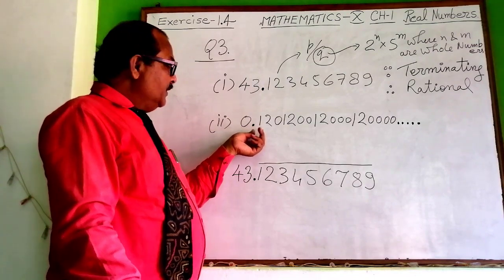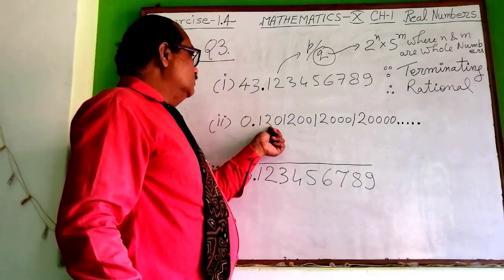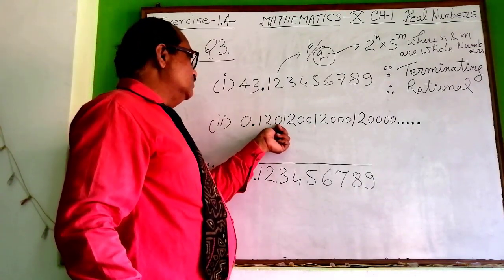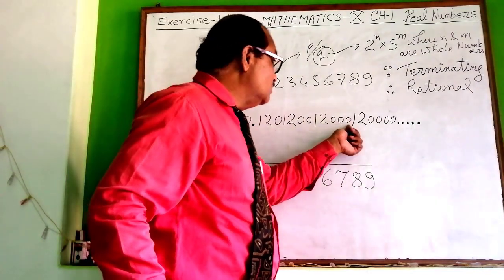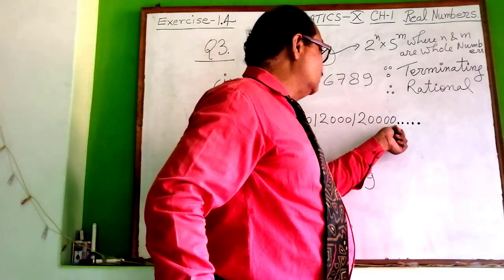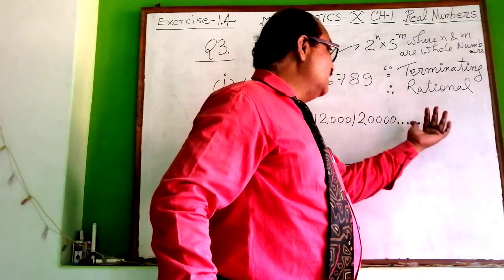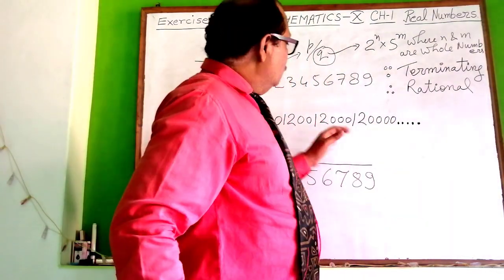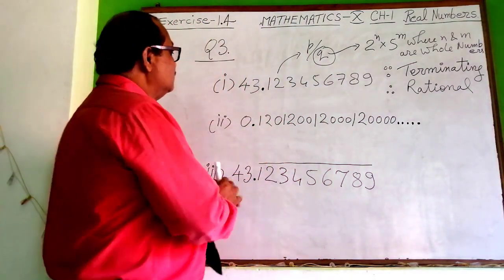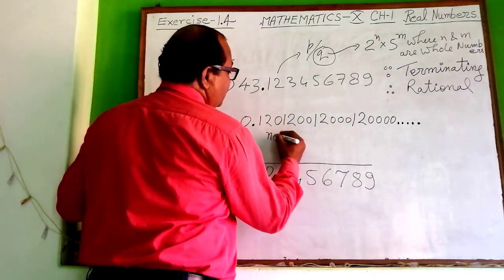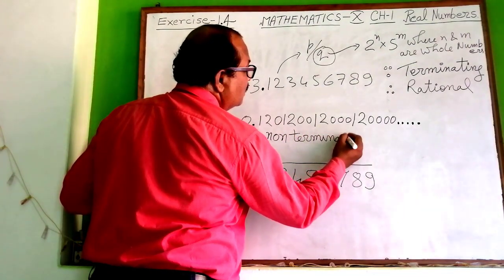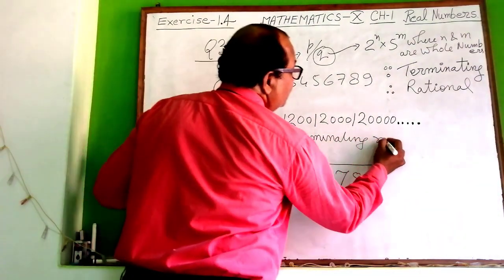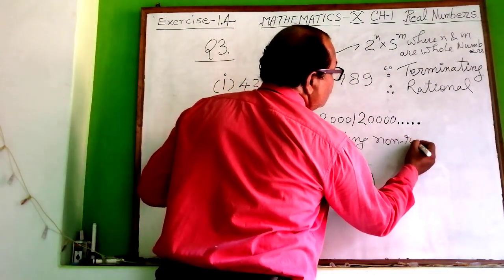For the second question, you can see 12.0.2000 and 1250 and so on. You can see this number is non-terminating, non-repeating.